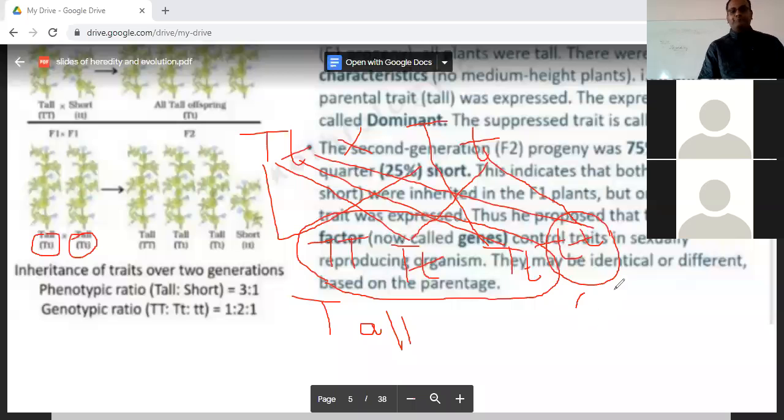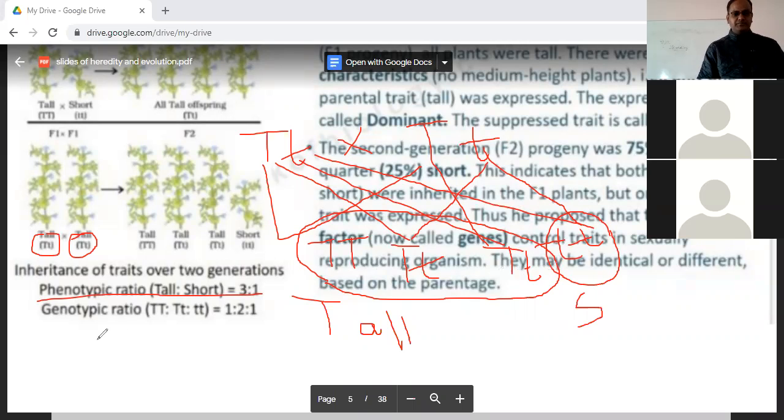Clear? If you are asked externally how many are tall, you will say, sir, 3 are tall and 1 is dwarf. So the phenotypic ratio becomes 3:1. But when we talk about the genetic composition or the genetic constitution, you will say 1 is pure tall, 2 are hybrid tall, and 1 is pure dwarf.